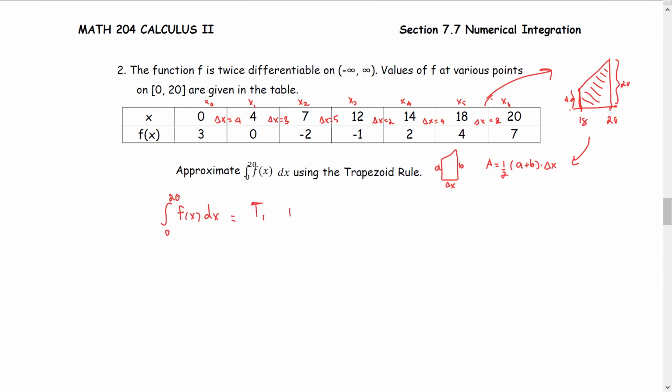So T1 is the first trapezoid from the interval 0 to 4, and T2 is between the point x equals 4 and 7, and then T3, T4, T5, and T6. T3 from 7 to 12, T4 from 12 to 14, T5 from 14 to 18, T6 from 18 to 20.